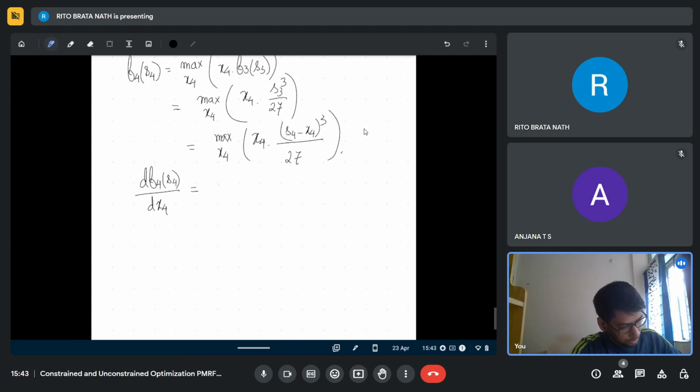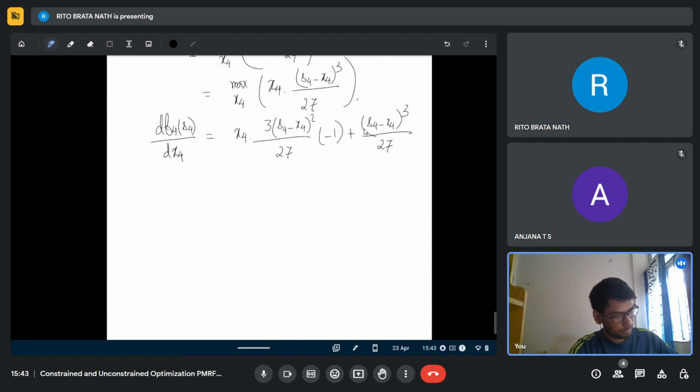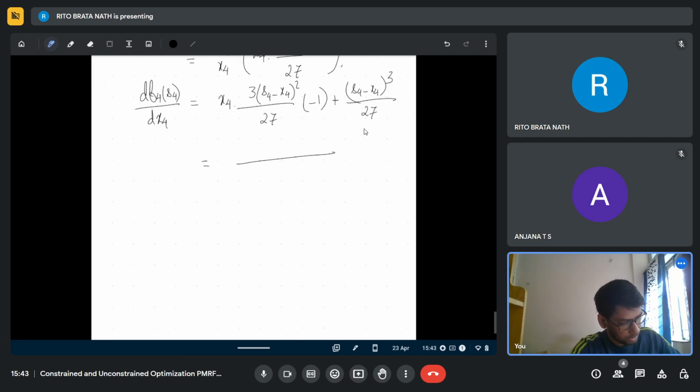In that case, the first term remains as it is. Then we have 3 times s4 minus x4 squared over 27, times minus 1, plus, okay, so as before, I'll simplify it.